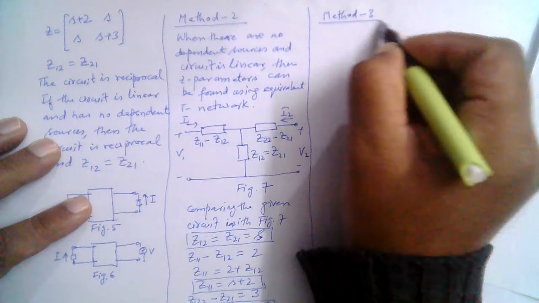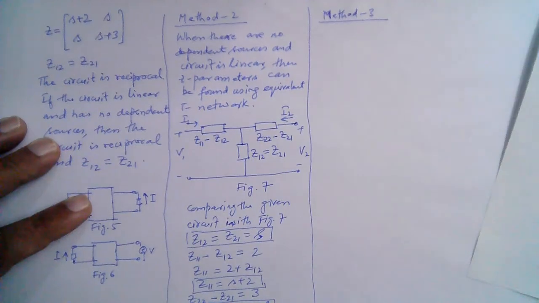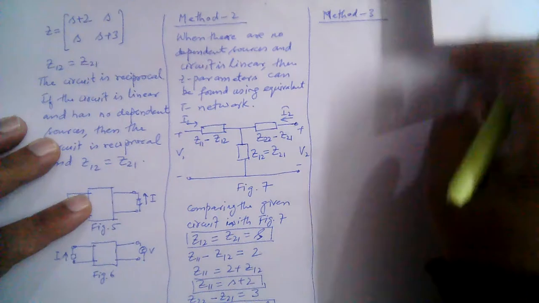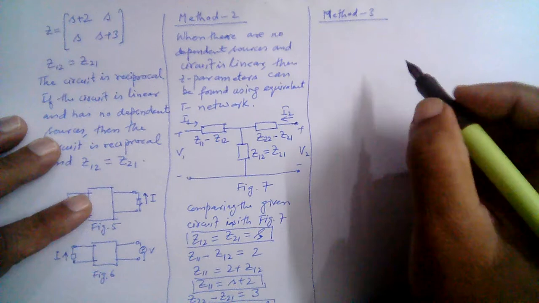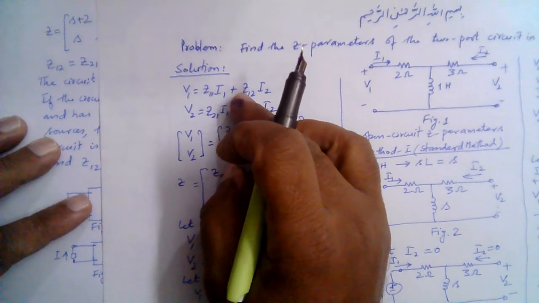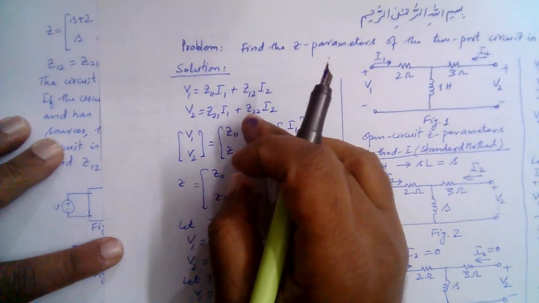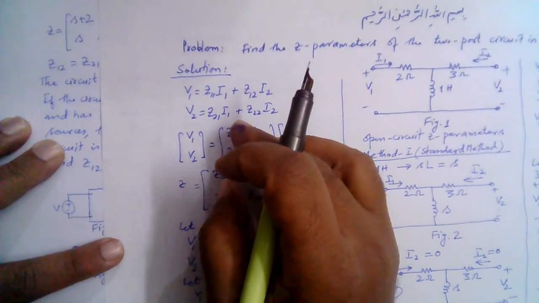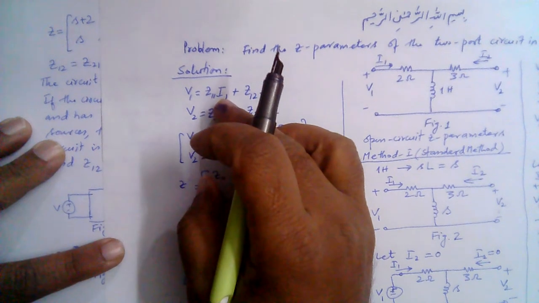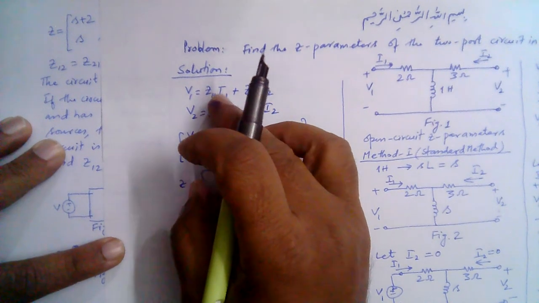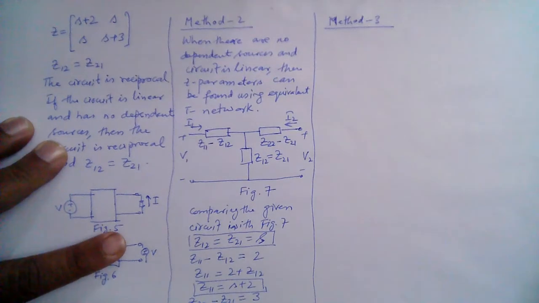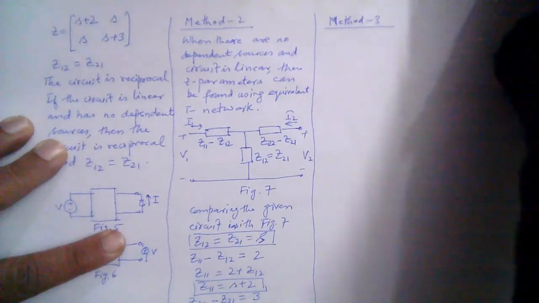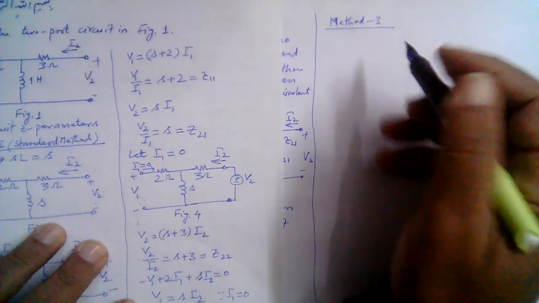There is yet another method which is quite easy. We can redraw the circuit and apply nodal or mesh analysis to arrive at equations similar to these equations, and then by comparing the coefficients we can find the Z parameters. Let me demonstrate this using the KVL method. In our given network, let me redraw the circuit.